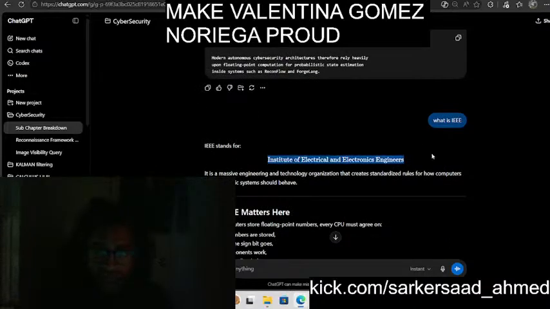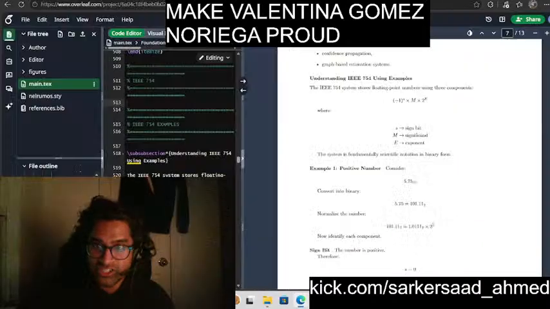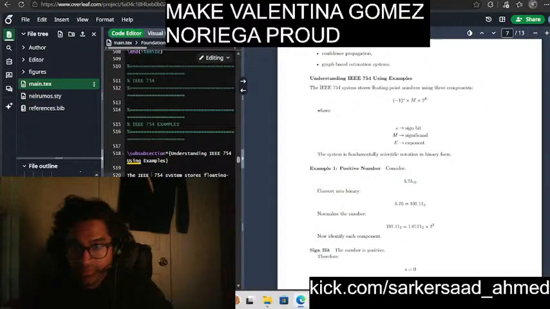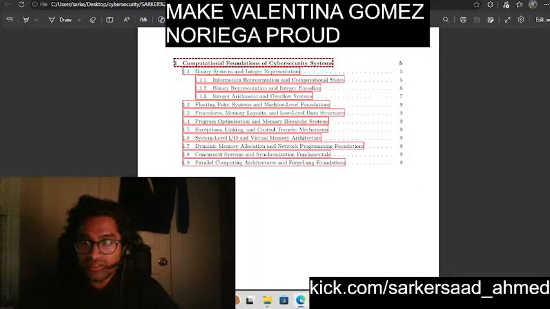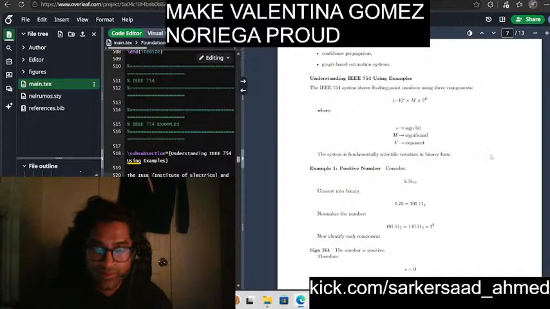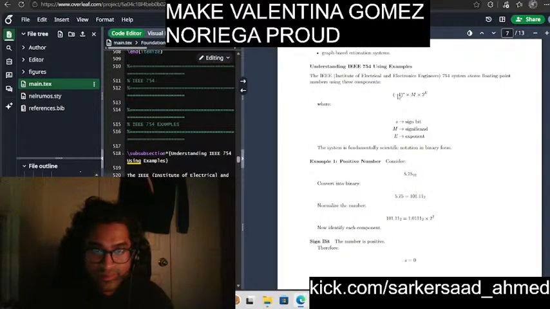The IEEE 754 system stores floating point numbers using three components: minus 1 to the power s times m times 2 to the power e, where s is the sign bit, m is the significand, and e is the exponent.